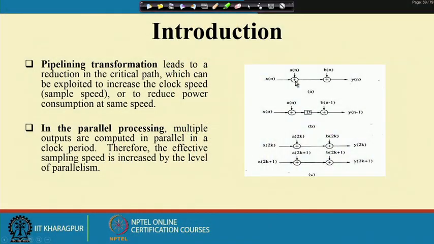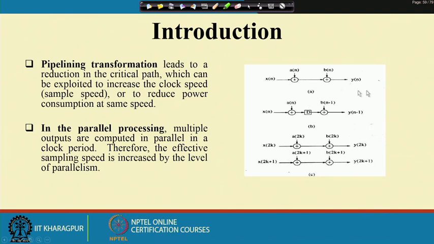Initially I required 2 adder delays, and here I require only 1 adder delay. So I have increased the sampling speed by 50%. Suppose the adder delay is 1 nanosecond. Initially the total delay was 2 nanoseconds, but now for this circuit it becomes only 1 nanosecond.